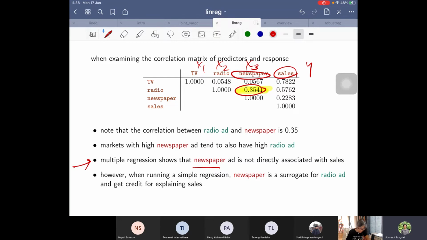It means that whenever newspaper is high, it doesn't directly increase the sales, but the trend that the newspaper is high will also give a high trend of the radio.